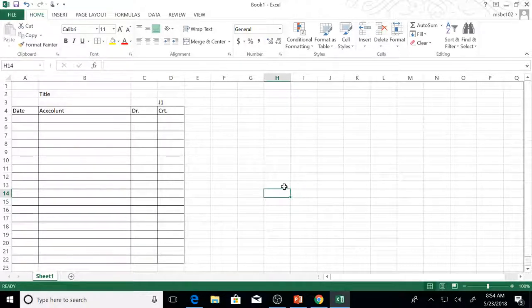So what did we say the general ledger is for? For each account separately. Out of each account, you will have a whole page just for cash, a whole page for accounts receivable. That's the ledger. But in the journal you put all the transactions like that.